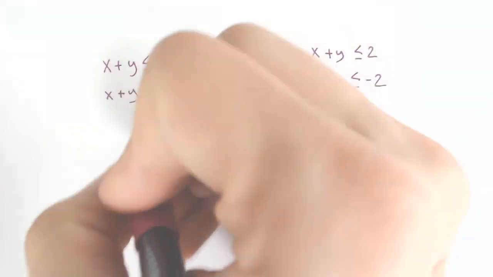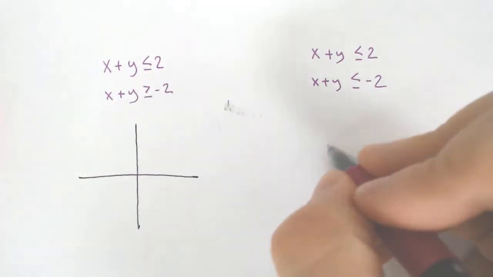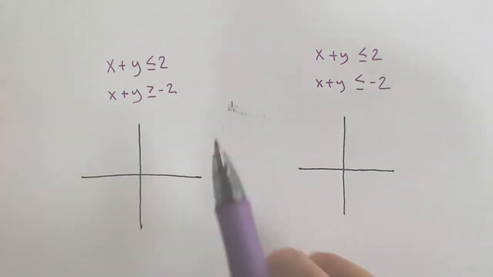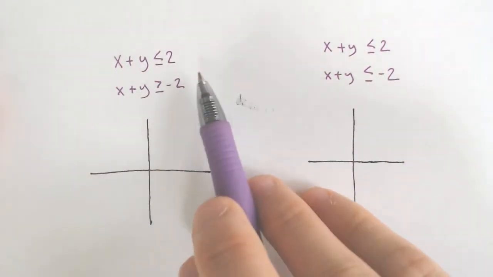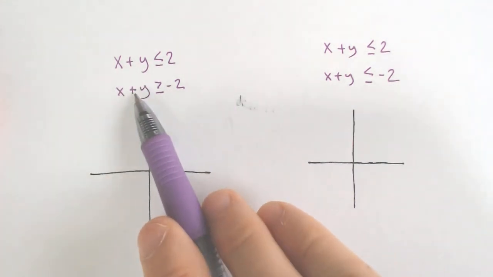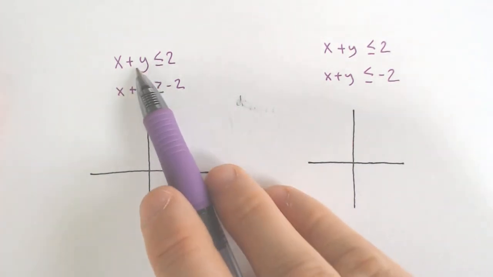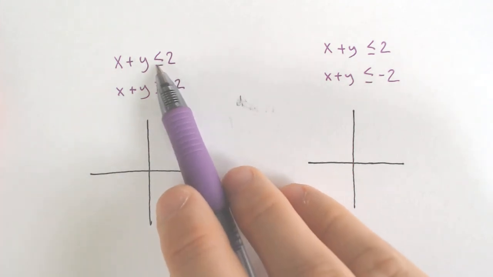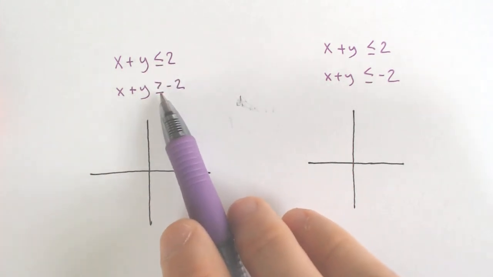If you had to know what the graphs look like, first off, pay attention because you're not going to want to solve for y on 1, 2, 3, 4 equations. That's a lot of work. As long as the y is positive, then the shading will mimic to down and up.